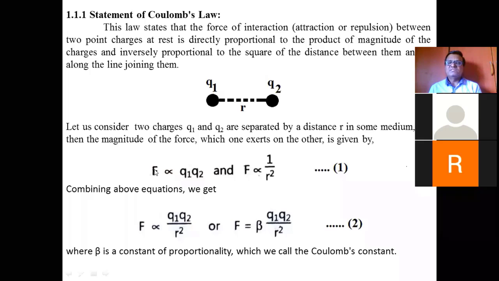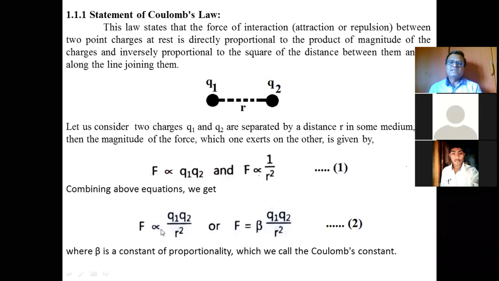Then the force is directly proportional to the product of the magnitudes of these two charges q1 and q2, and inversely proportional to the distance r square, that is F is proportional to 1 upon r square. Combining these two relations, we get F is proportional to q1 q2 upon r square.